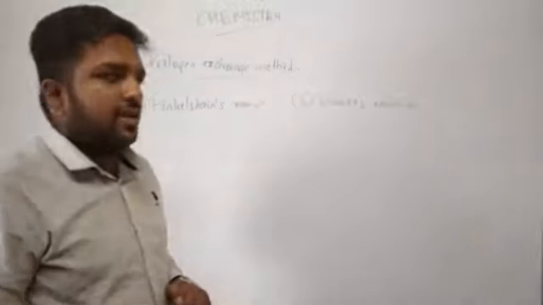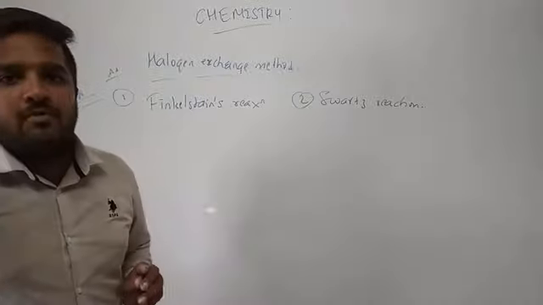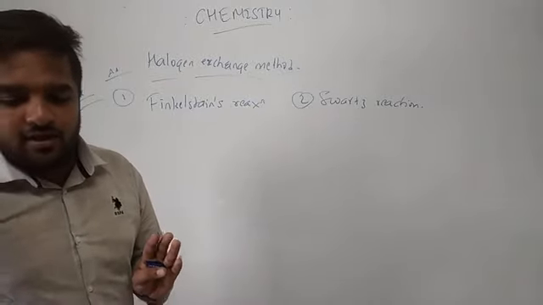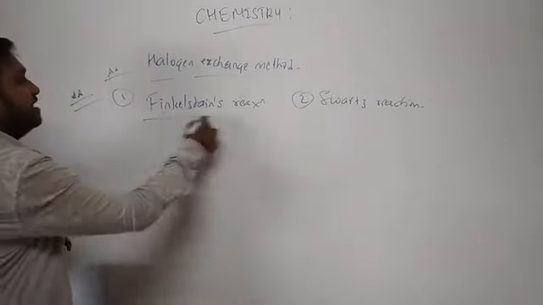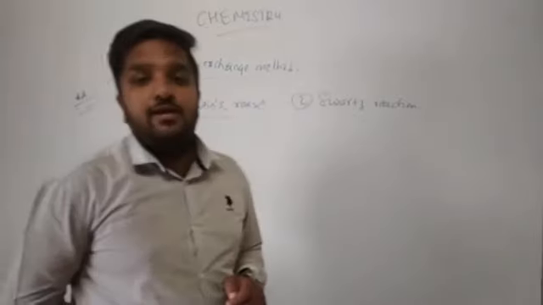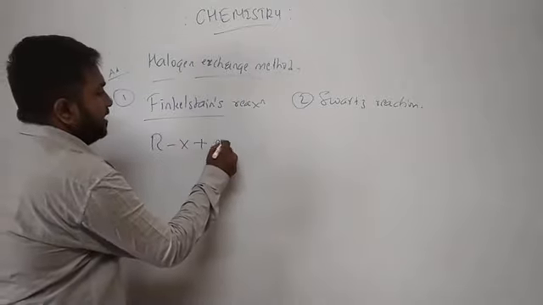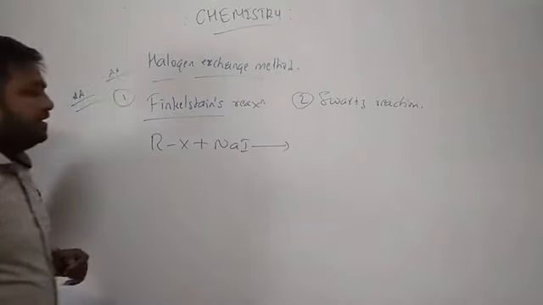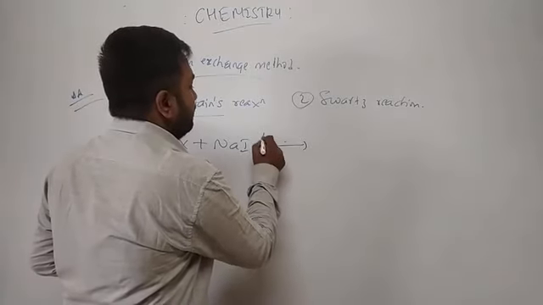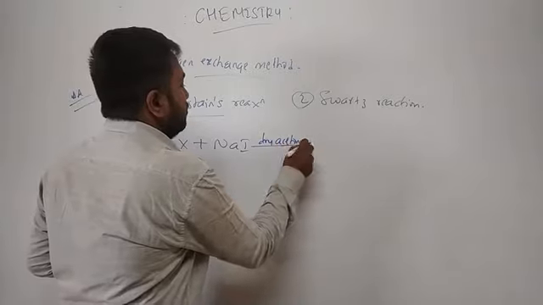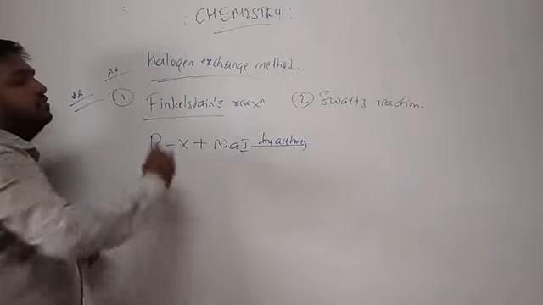In this case, we use only alkyl halides like alkyl bromide or alkyl chloride. We use alkyl chloride or alkyl bromide in the Finkelstein reaction, and we react it with sodium iodide. Let me take the reaction. We have RX, and when it is treated with sodium iodide in the presence of dry acetone, there will be an exchange of halogen, so we call it the halogen exchange method.